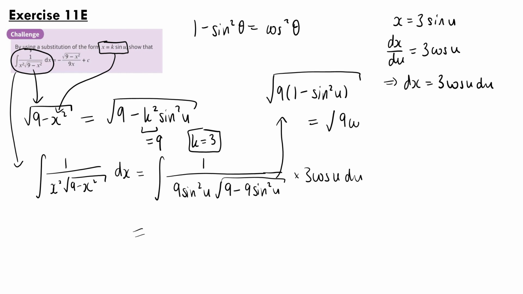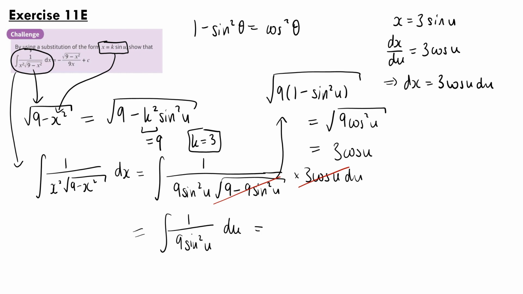So we have 9 cos squared u square rooted, which is just 3 cos u. So actually this whole square root and 3 cos u cancel. So we're left with the integral of 1 over 9 sine squared u du.